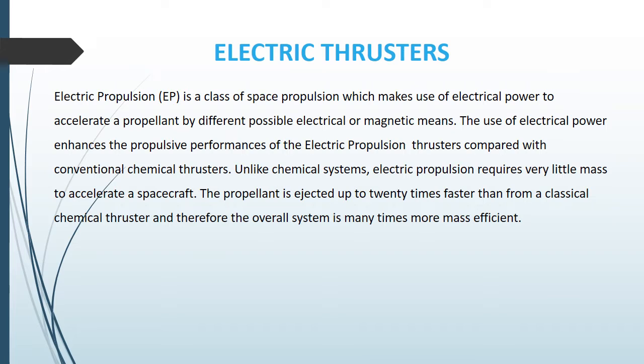Unlike chemical systems, electric propulsion requires very little mass to accelerate the spacecraft. The propellant is ejected up to 20 times faster than in a classical chemical thruster, and therefore the overall system is many times more mass efficient.